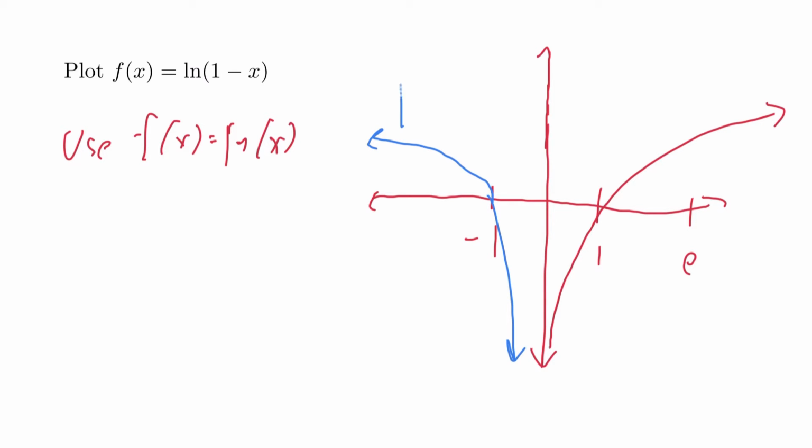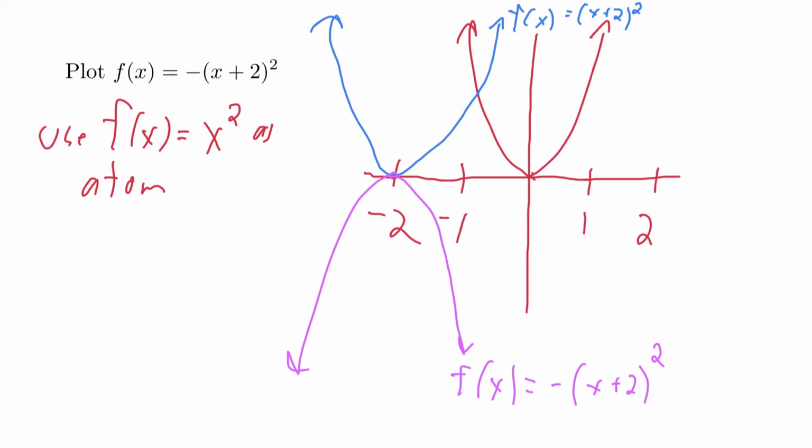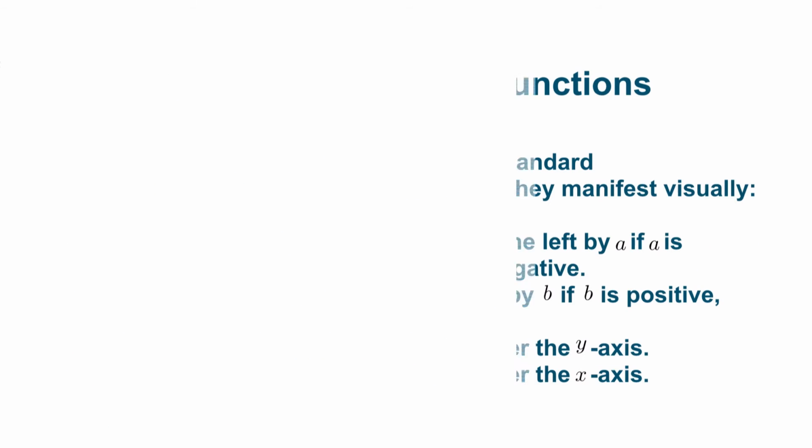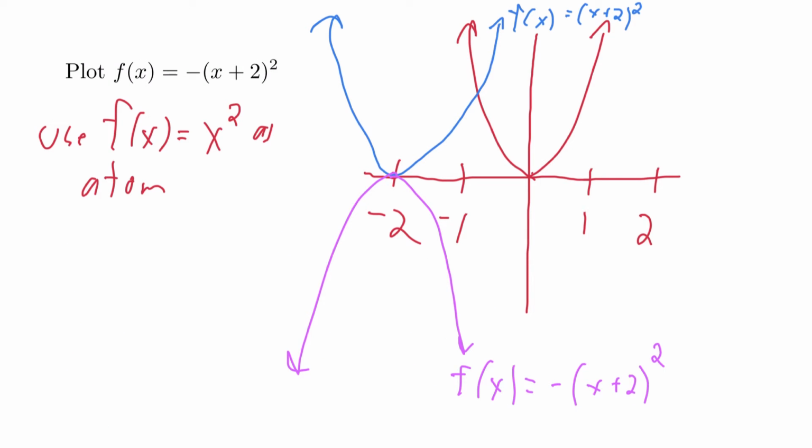So here's a reflection to account for the negative sign on the inside. But I'm not done yet. I also have a plus 1 on the inside. So that's going to translate me. Which way does it translate me? Let's check the rules. It's a positive number, so it'll translate me to the left.